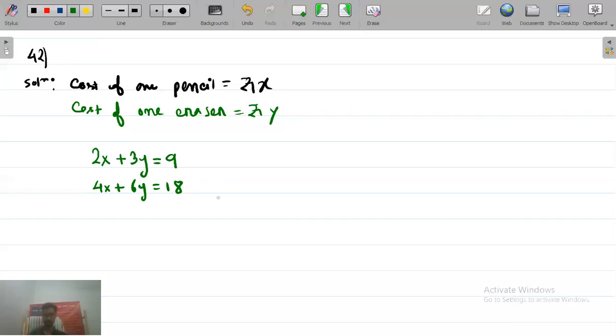What is the method? The method is, suppose this is your equation number 1, this is your equation number 2. This is your algebraical representation. So you can write here algebraical representation.